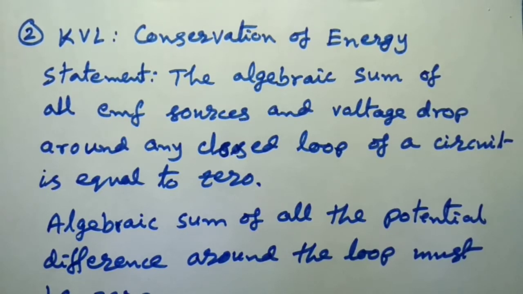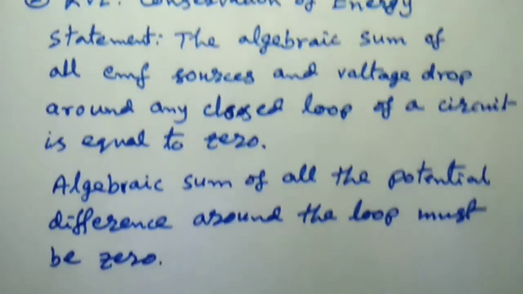So the sum of all potential difference around the loop must be equal to 0.